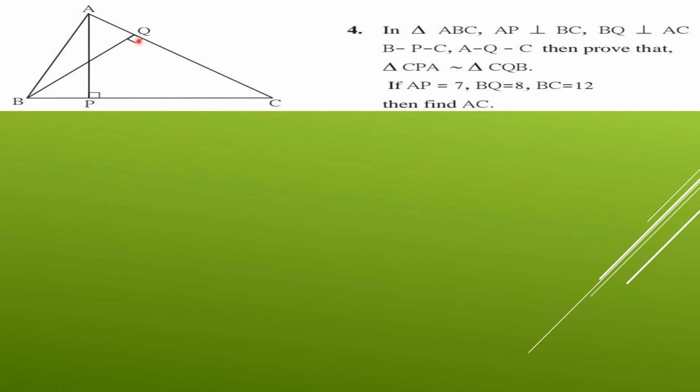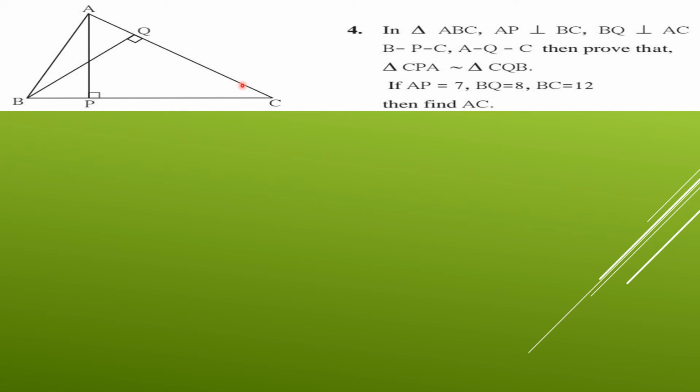Then A, Q, C are also collinear points. Then prove that triangle CPA is similar to triangle CQB. If AP is equal to 7, BQ is equal to 8, BC is equal to 12, then find AC.